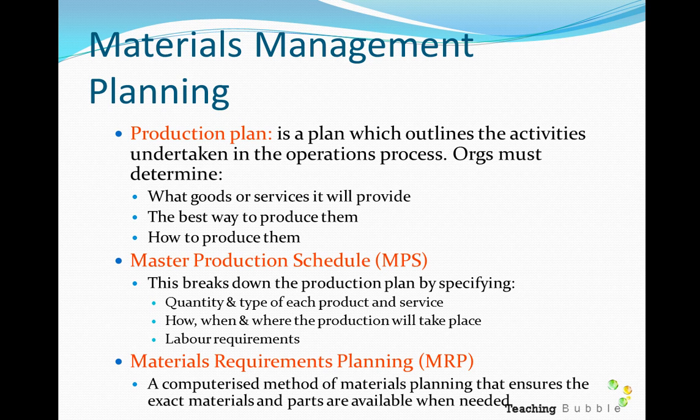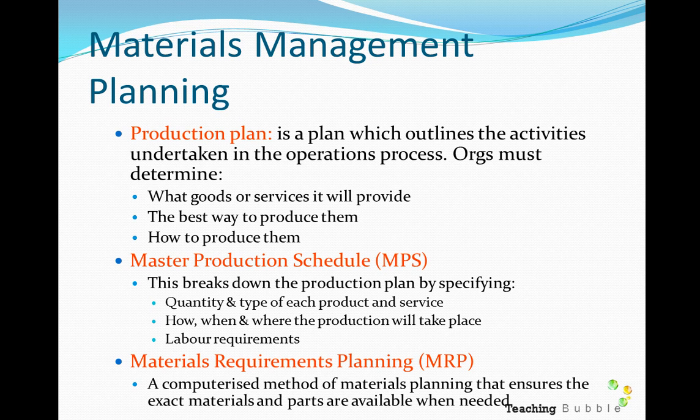So again, this is part of tactical planning, and it includes the labour requirements needed to produce that, so how many people are required to produce what they're going to produce. And then it's broken down even further into the actual materials required to fulfill that master production schedule.